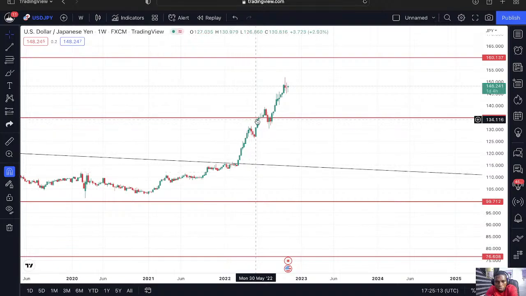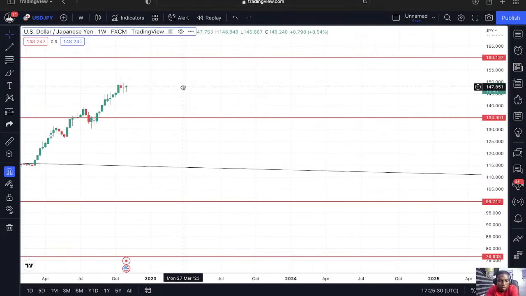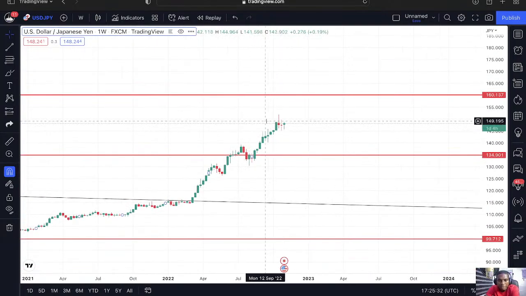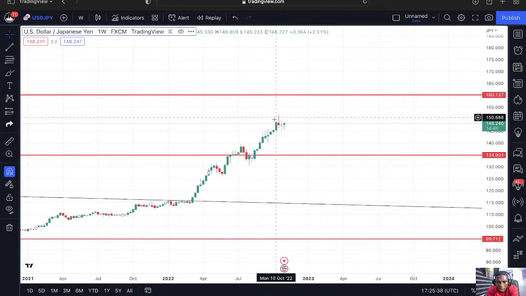You can see the bullish momentum up to this level. And you can see what price is currently doing here. The bullish momentum is more at this level, and currently price has created an indecision here.